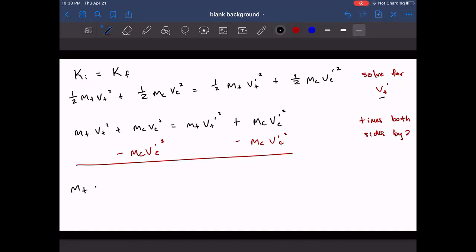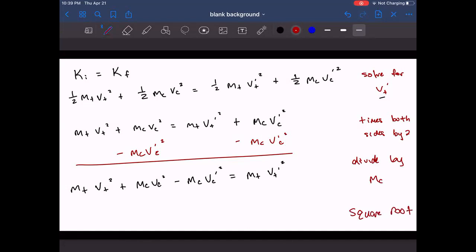So then MT VT squared plus MC VC squared minus the final term, and then divide by MT. That part is pretty clear, right? Get this by itself. Okay, good. And then we get this crazy guy.